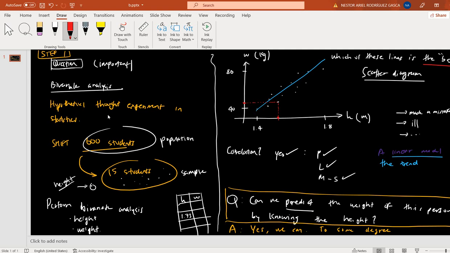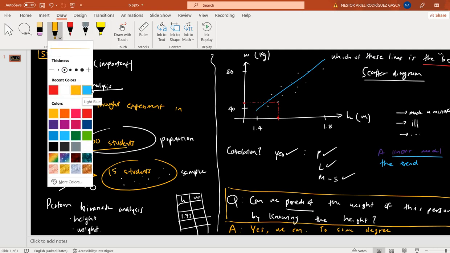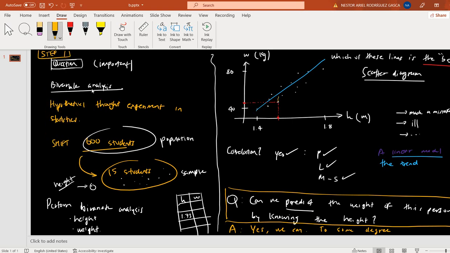Okay, this line predicts a weight of, let me go with yellow once again. If I only had the height of this person, and I wanted to use this line in order to predict the weight of this person, what I would have to do is continue until I reach this blue line, and then observe the predicted weight that this line would offer for this particular person.